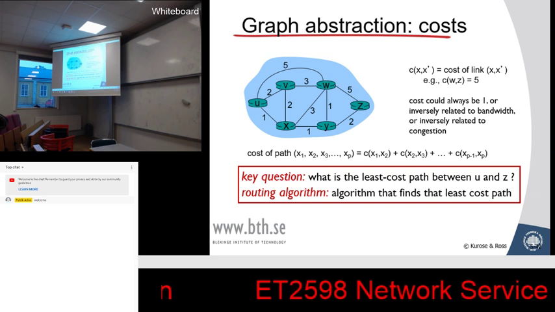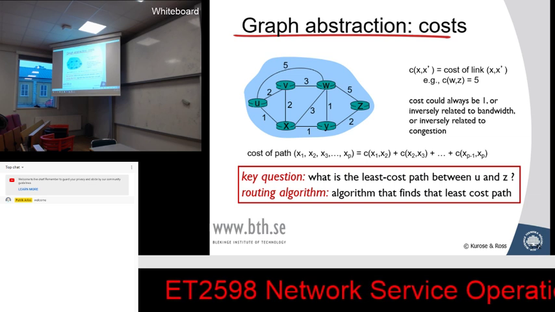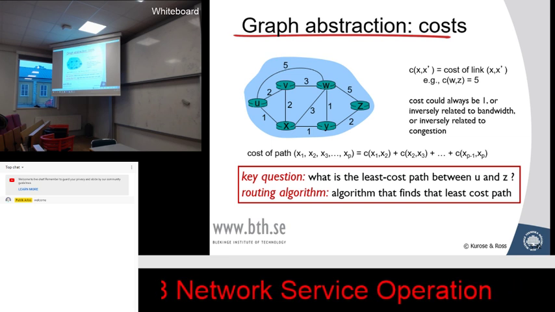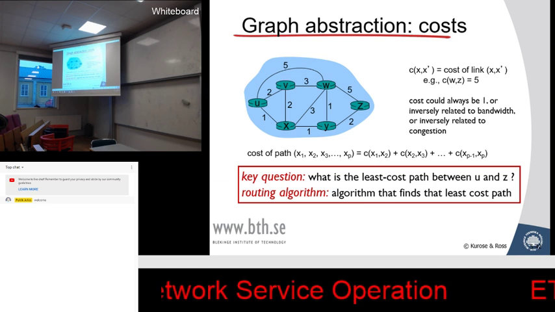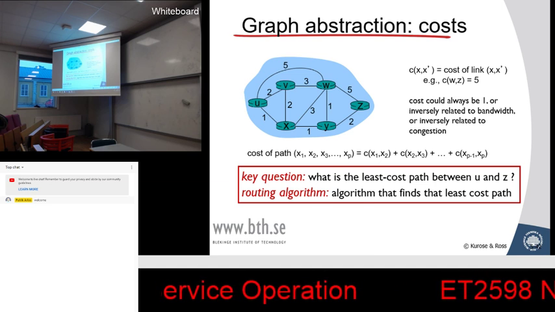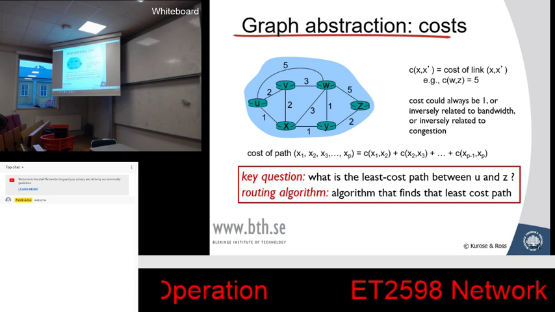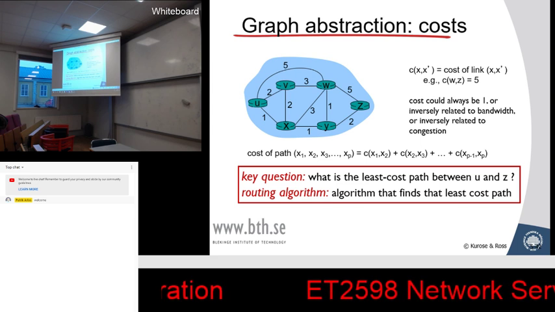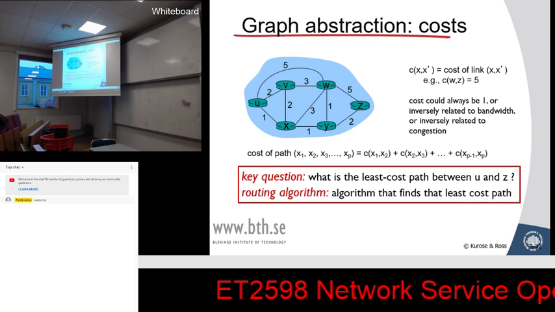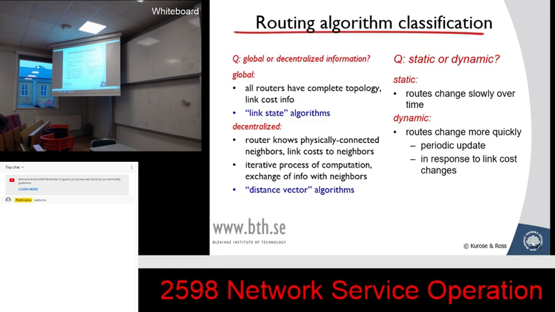Costs. So I'm not going to go into details on this. You can read this in the book. Basically, when you do your routing algorithms, you will have a cost associated with the link or the path, and then depending on what you're optimizing against, this may or may not have an impact on how you do it.